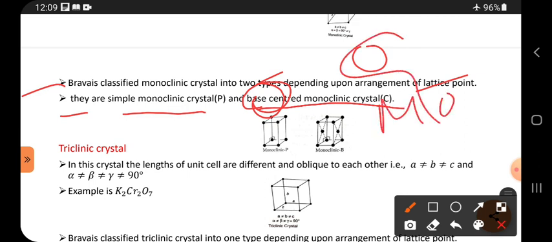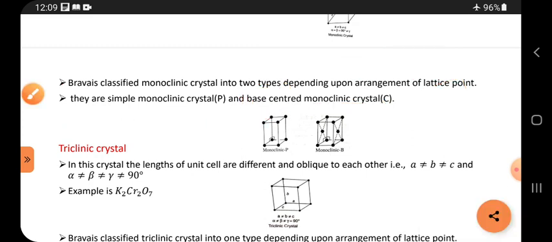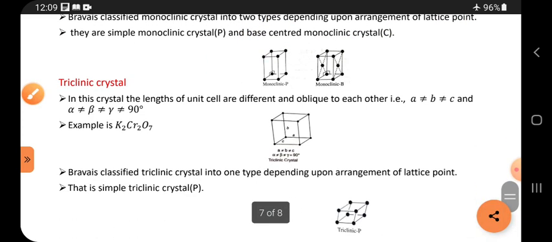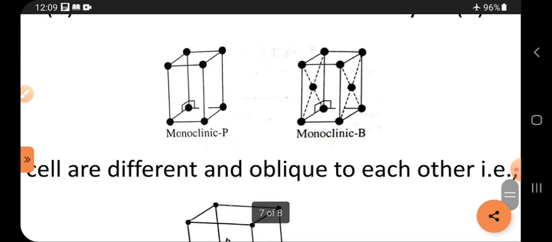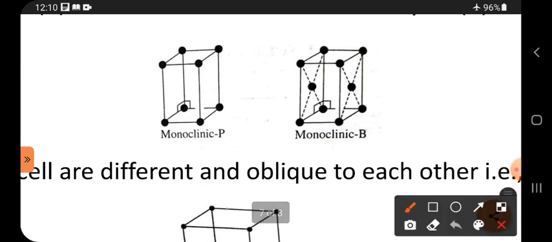Base centered can be present in these two only. See the diagram. This is primitive or simple, and this is base centered; we should not write b, we have to write it as c.